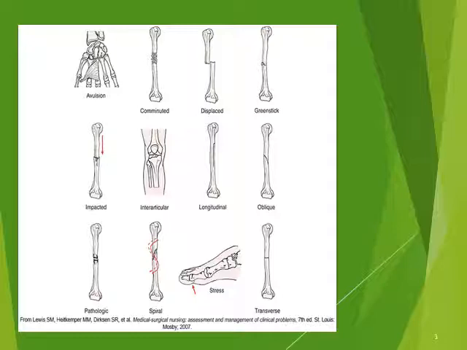A pathologic fracture is where it just breaks on its own, maybe due to osteoporosis. The spiral fracture is maybe when someone's turning, they just tear that bone into a spiral. A stress fracture is just from constant use. And then you've got the transverse fracture, where it's just straight across.